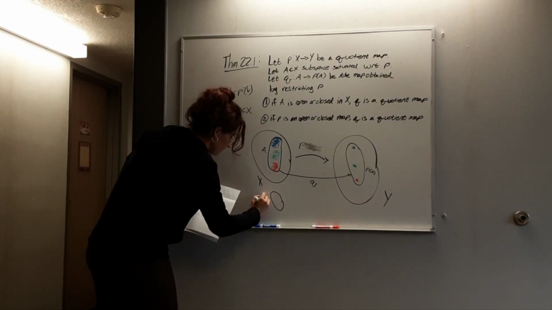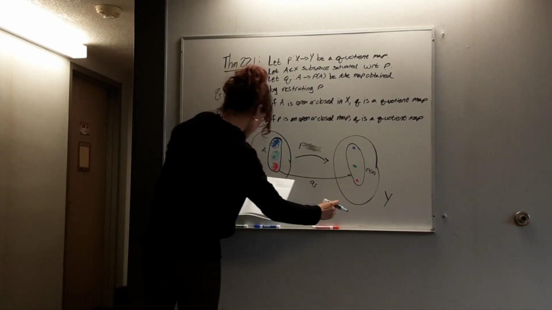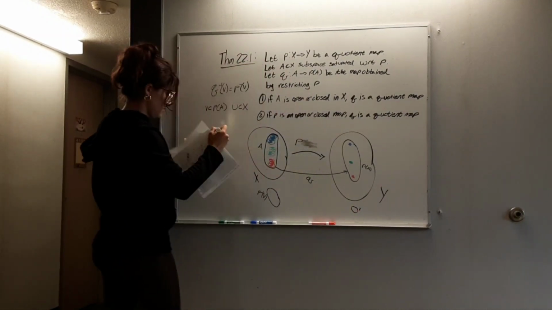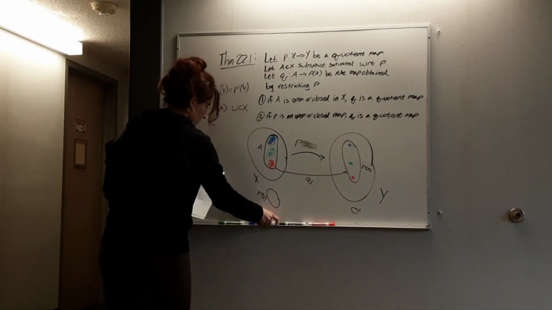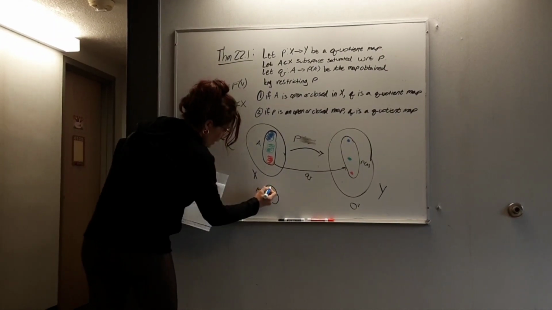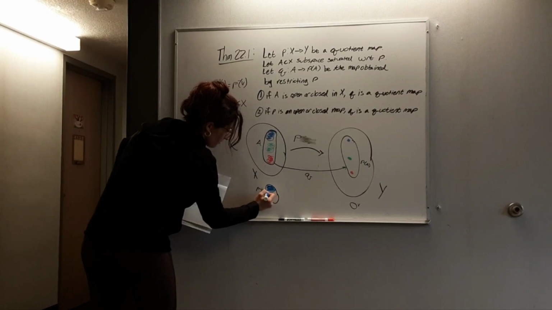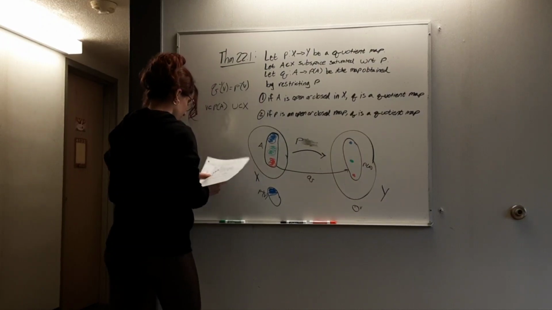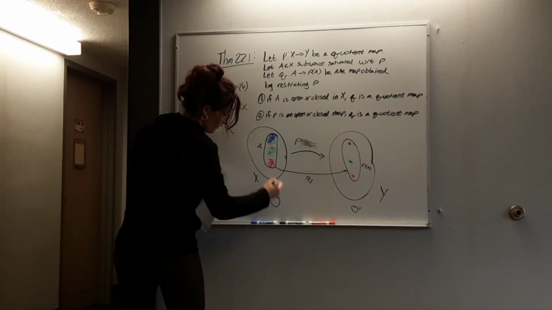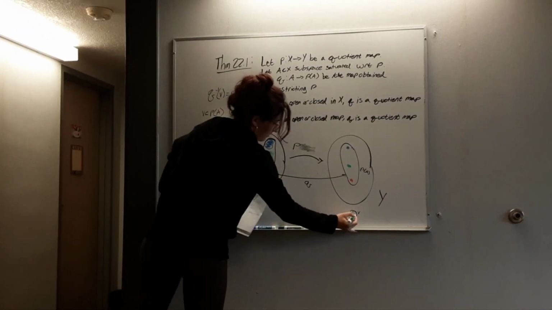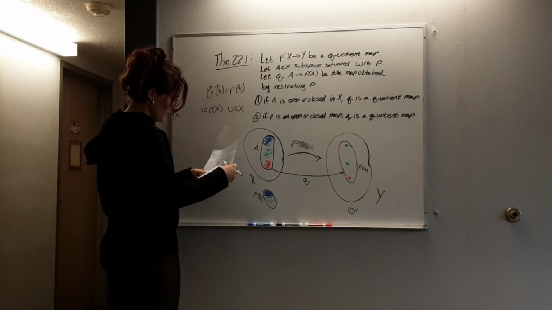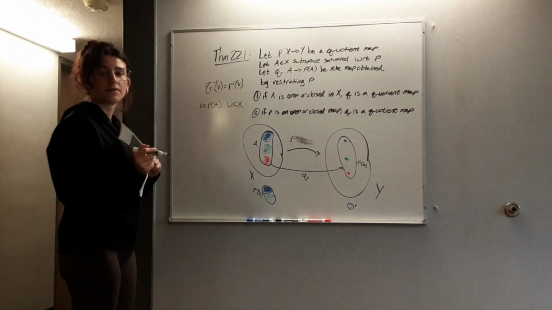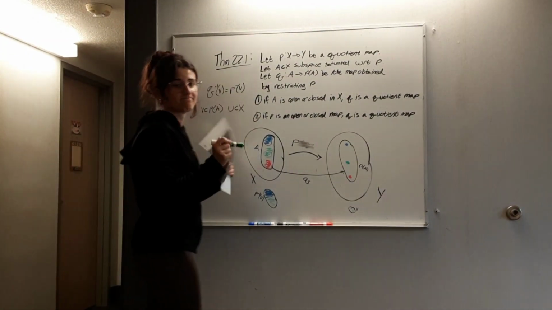Down here is going to be p inverse of V, and down here is going to be V. And it's going to look like, we're going to have the blue set in here, the blue point in V, and we're going to have the green here, and the green in V. So that is going to help us visualize this portion of the theorem. So now we're going to go into the proof of the theorem.